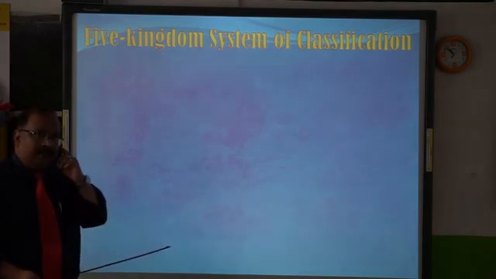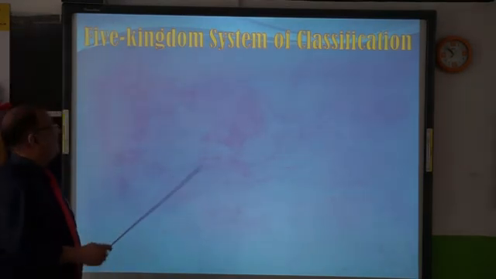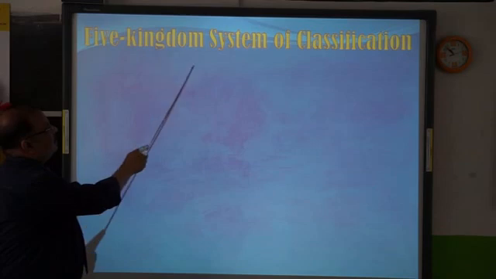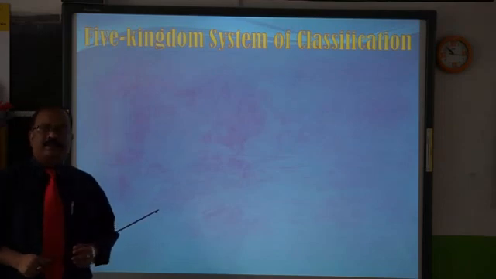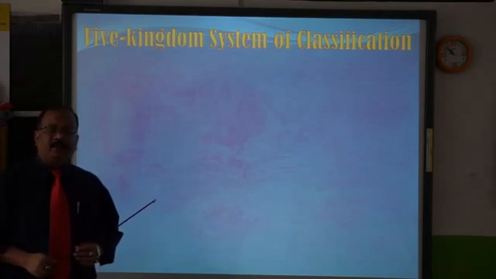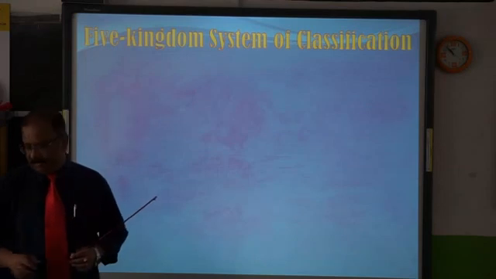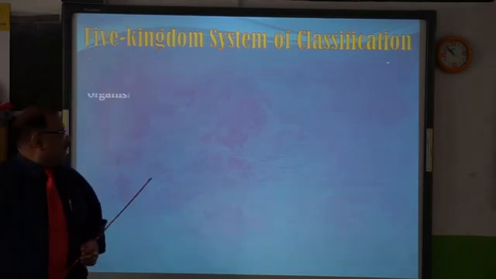Now we come to the last topic of this video, that is the 5 kingdom system of classification. It was decided that all the living organisms can be categorized into 5 groups, 5 sets. And who did that?